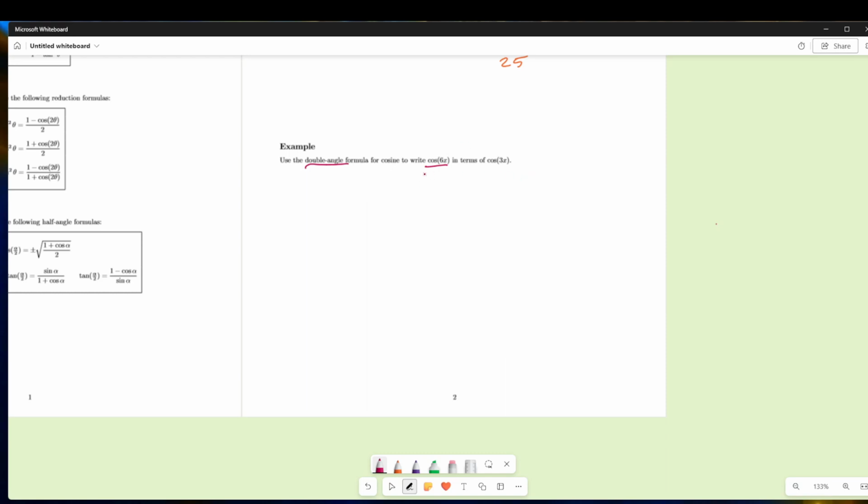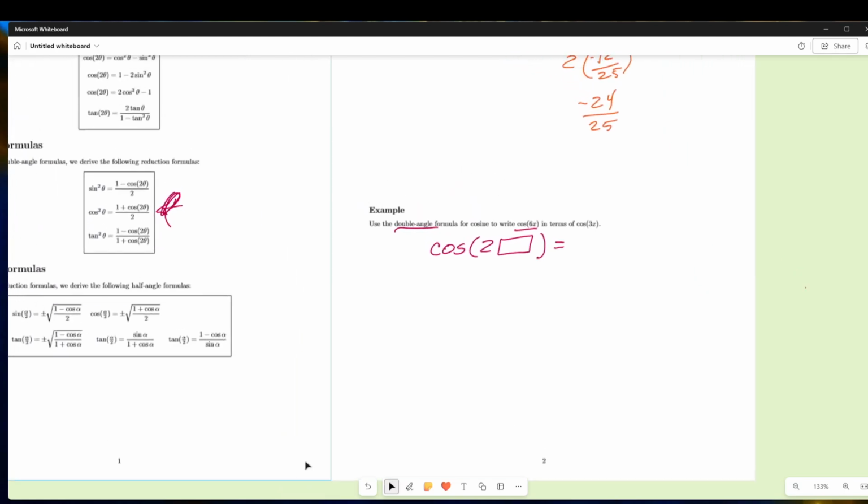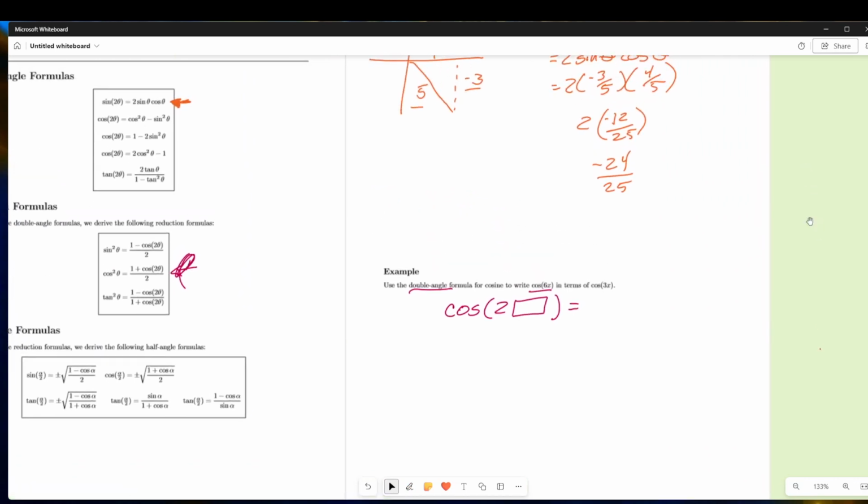So we know that the double angle formula for cosine says that the cosine of 2 times something equals, well, we've got a bunch of options. Let me move those formulas over so we can look at them. We've got one that's in terms of sine and cosine.